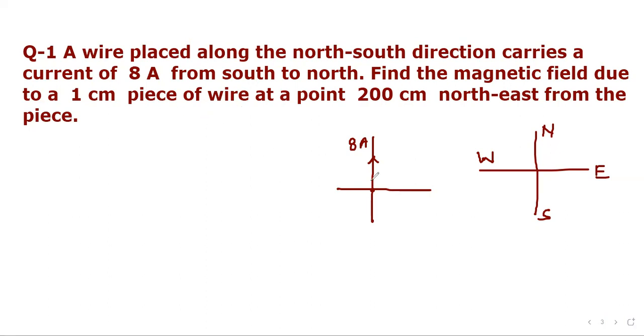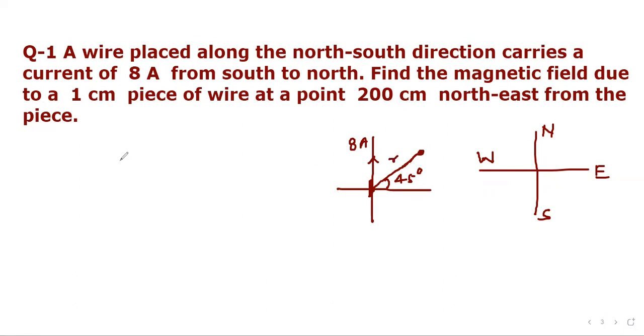So we consider here a small portion of 1 cm, and the point is here, that will be at angle 45 degree, because it says the magnetic field due to a 1 cm piece of wire at a point 200 cm northeast. Northeast means the point is making 45 degree, and the length is 1 cm. This length r will be 200 cm.